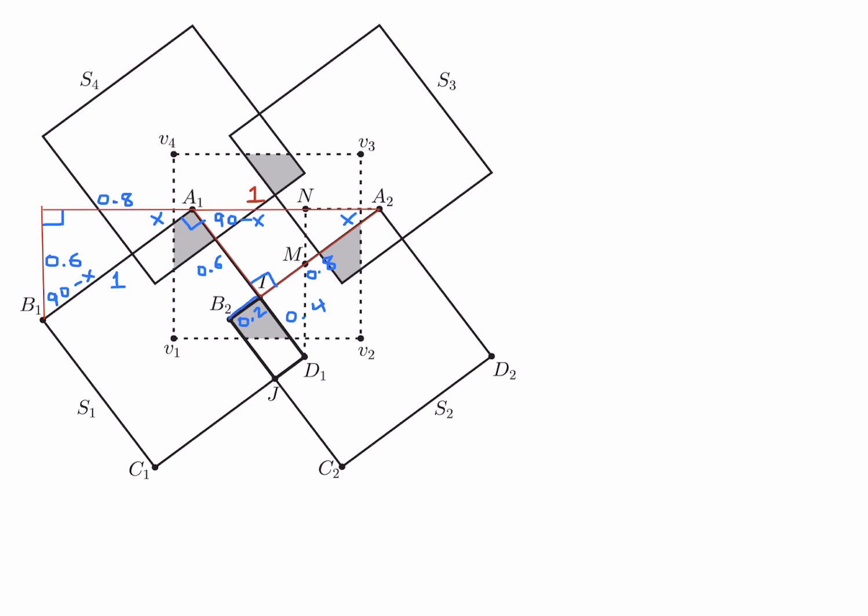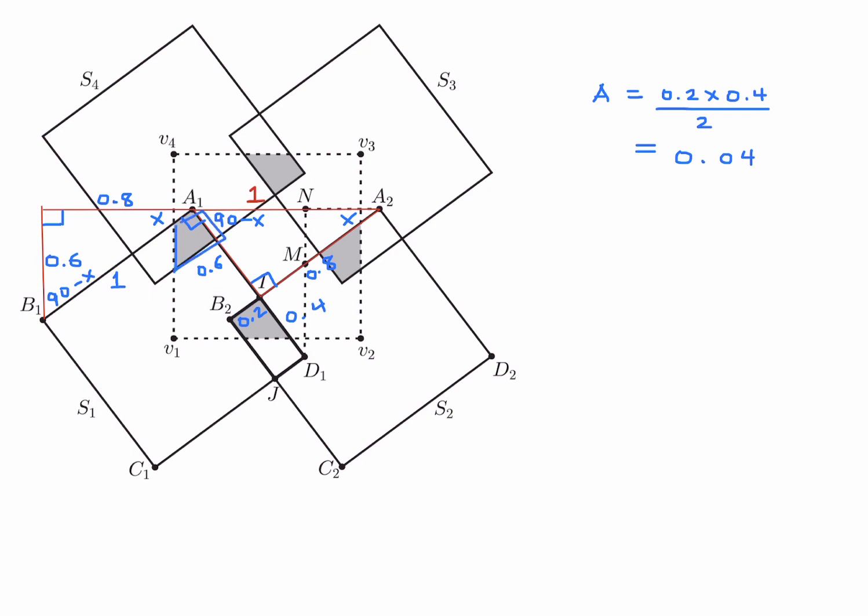So now I've got a rectangle with dimension 0.2 times 0.4. So the area of that rectangle is 0.2 times 0.4. But I only want half of it because, remember, the shaded region is only half of that. So just divide by 2. So 0.2 times 0.4 divided by 2 is 0.04.